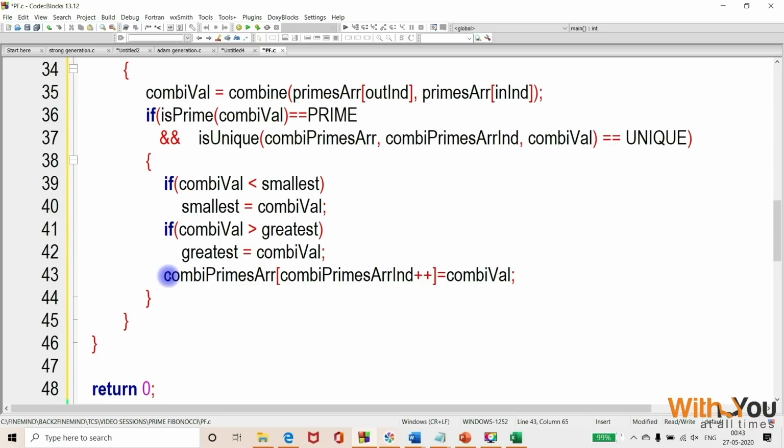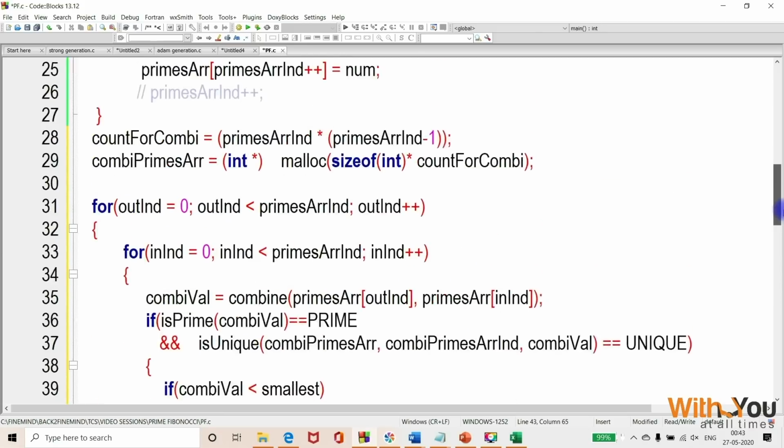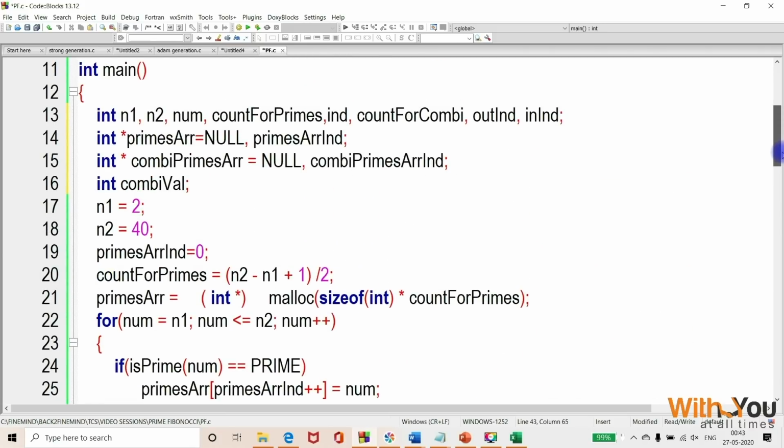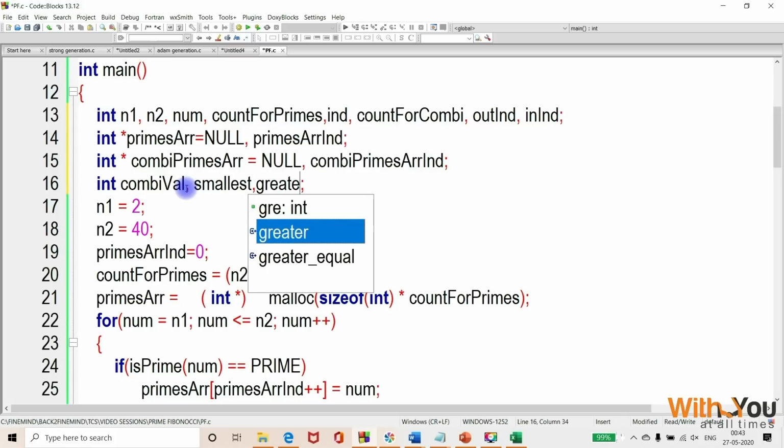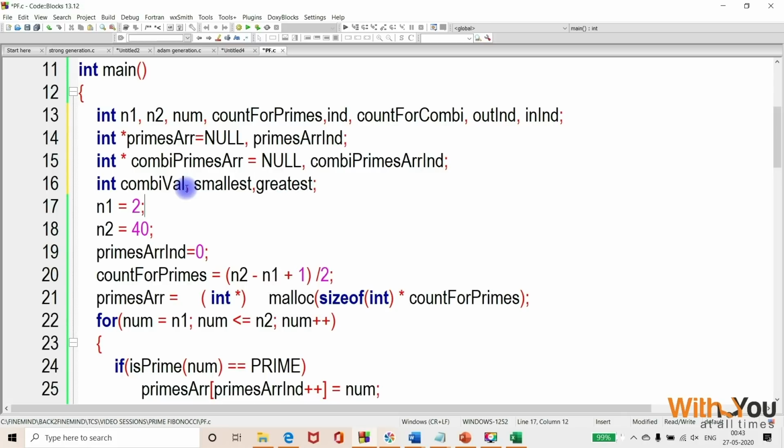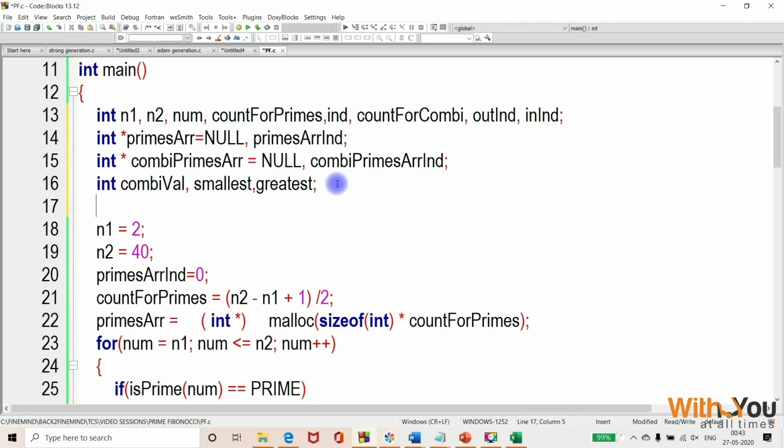So we need to define these two variables, smallest and the largest. Be careful whenever you work with smallest and the largest or greatest. We have a common method of doing it. How? Ensure the greatest is smallest value.